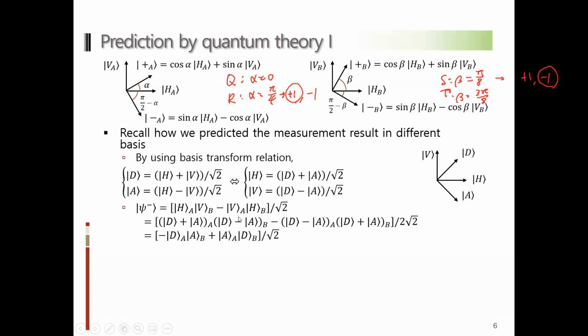if I'm given this type of entangled state, my question was what will be the probability to measure, if one of the photons is given to Alice and the other photon is given to Bob, that Alice will measure the diagonal polarization, while Bob will measure the anti-diagonal polarization.